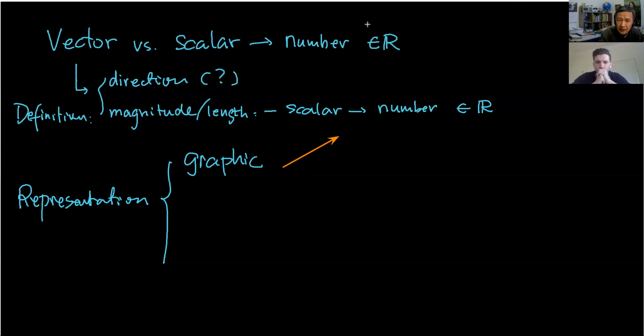To facilitate our discussion, this part is called the head, just like an ordinary arrow, and this is called the tail. So therefore, we can describe the direction.